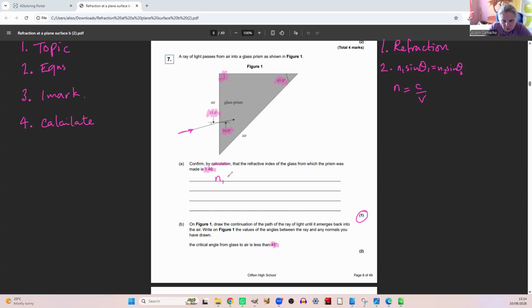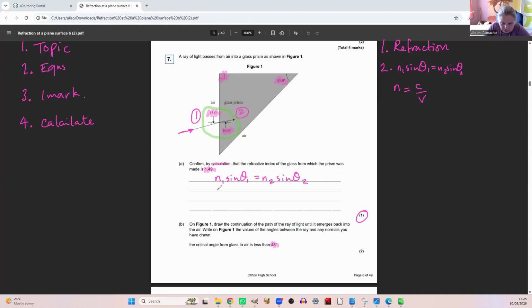So we write down n1 sine theta 1 equals n2 sine theta 2. I'm going to call this material 1 and this material 2. I'm going to apply Snell's law to that refraction, the one with the green ring around it.